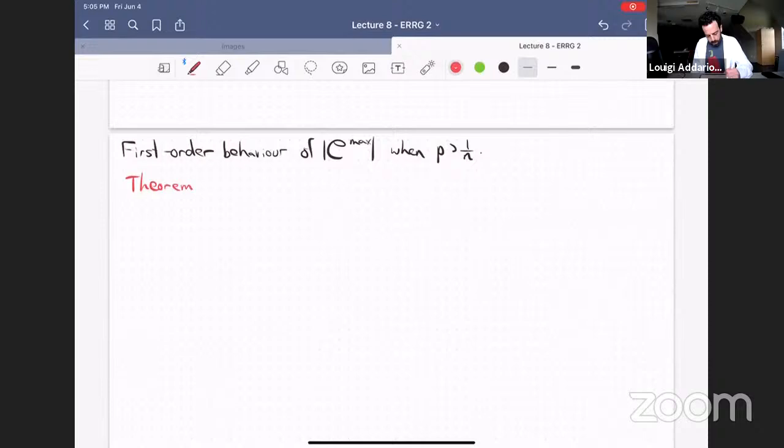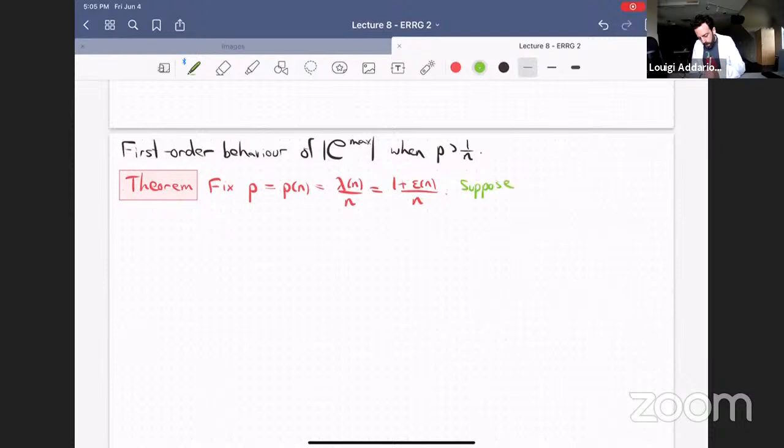It handles many things at once, even though it's a single unified statement. So we'll fix p, which I'll write in two ways: lambda over n, which I'll also write as 1 plus epsilon over n. Okay, and I'm going to suppose that epsilon over n to the minus a third tends to infinity.